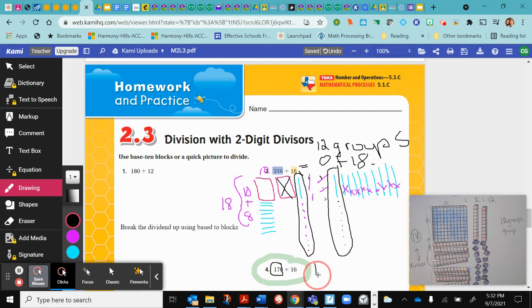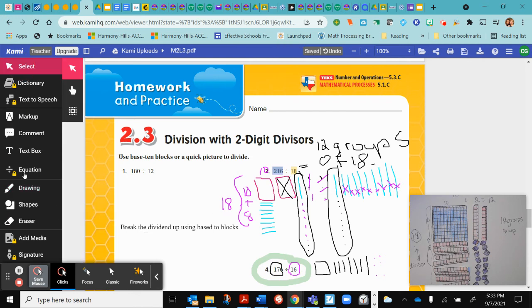remember, you're going to have your 100. What's in the tens place? Your sevens, very good. So it's 1, 2, 3, 4, 5, 6, 7. And how many ones do you have? Very good, 6. So it's 1, 2, 3, 4, 5, 6. And you're going to separate those where it's going to have 16 in each group.